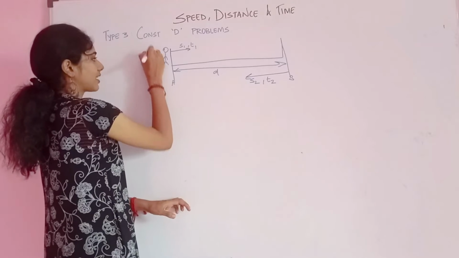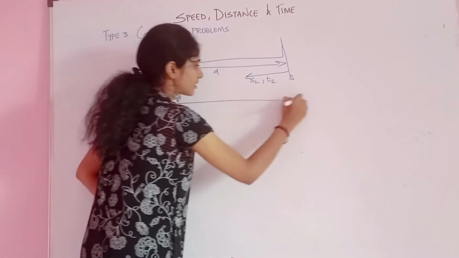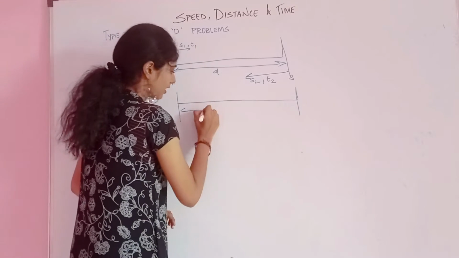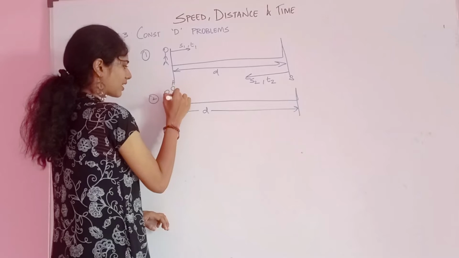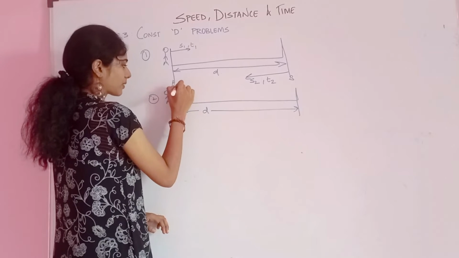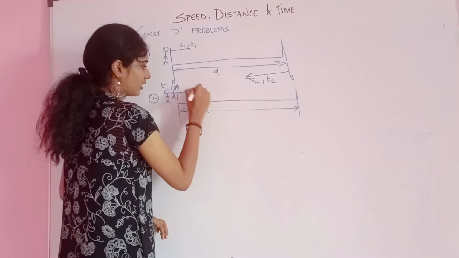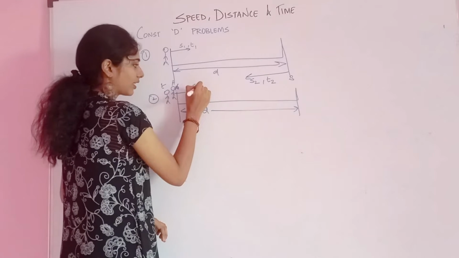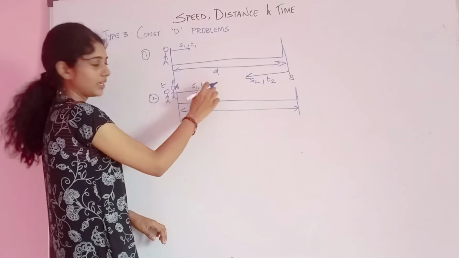Alright, this can be scenario 1. The second scenario is that same distance D, and let this be some person S, this be person T, whatever. This person S is going to take speed S1 with T1 minutes or hours.